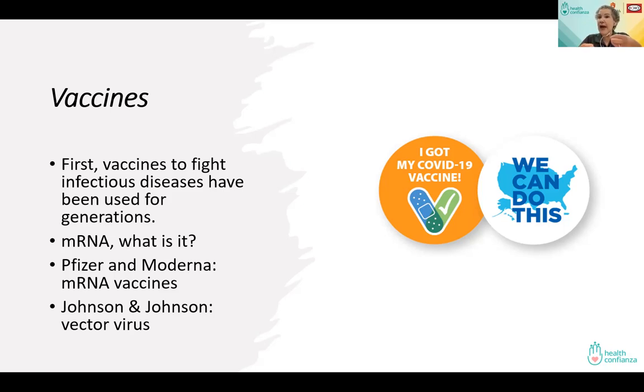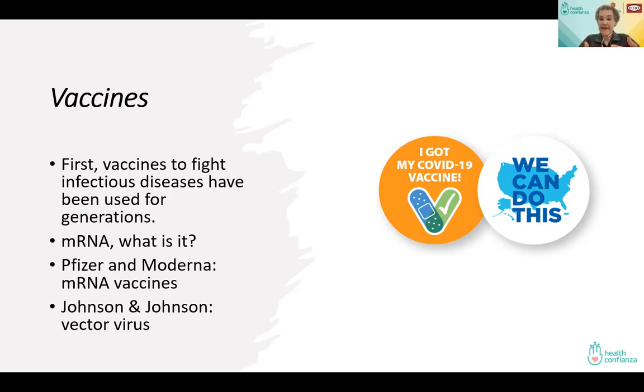And so that's why individuals, when they get the vaccine, sometimes can have some very minor symptoms of maybe fatigue, muscle aches, some fever, because your body is creating a reaction to be able to recognize when it's exposed to COVID-19.